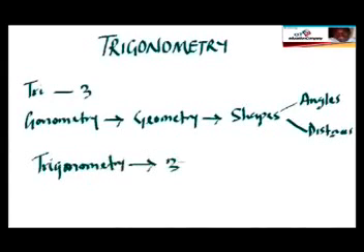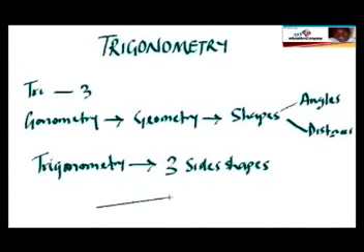Trigonometry refers to three-sided shapes. Now, in mathematics, three-sided shapes are usually triangles. So we'll just see this. Let's say we have this down here, and we have this, and probably have this. It is a triangle.